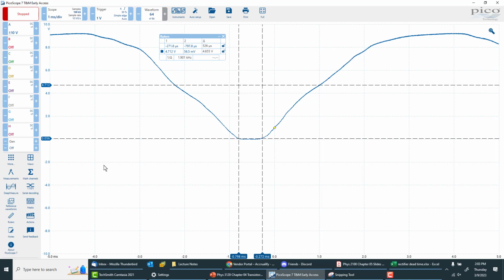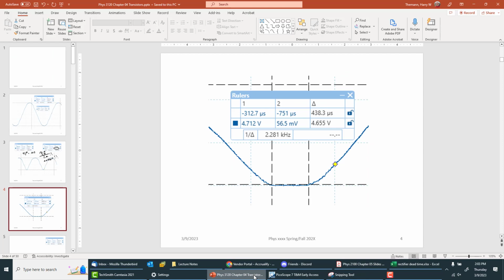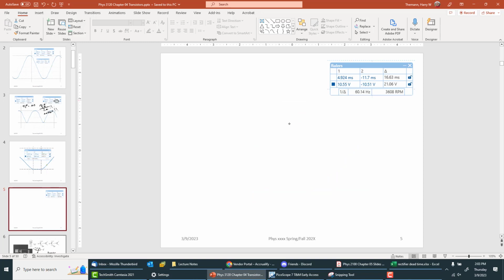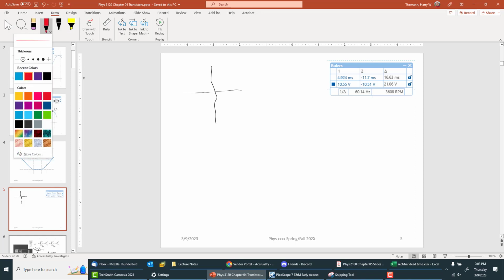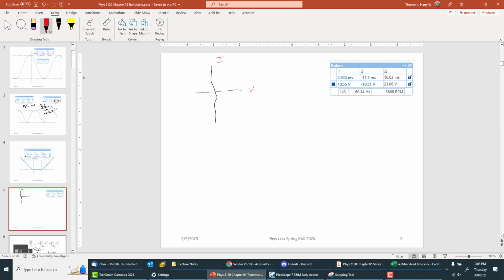So I remind you that for a diode, if you have X and Y axes and the x-axis is voltage and this is current, when I'm at negative volt, so that means negatively biased, reverse direction, but it doesn't instantly just turn on when you cross 0.